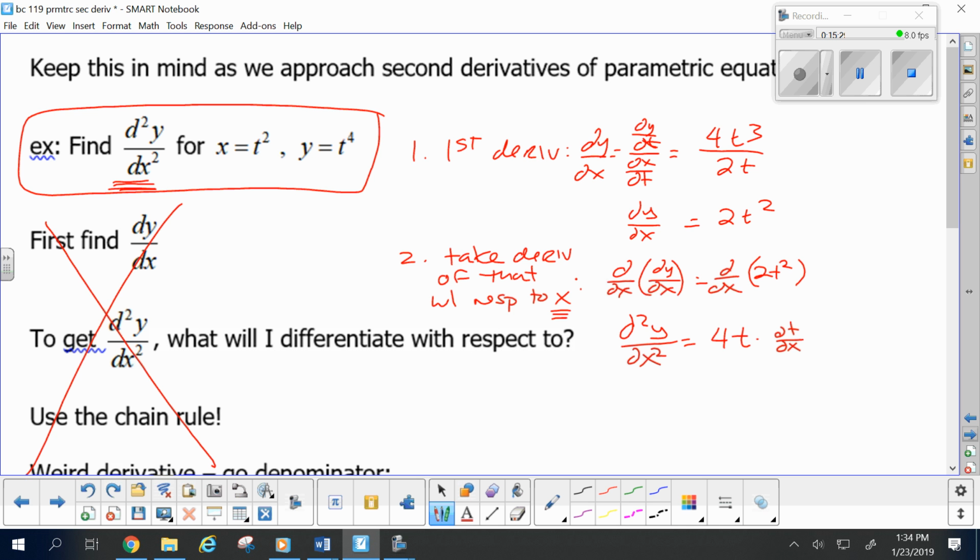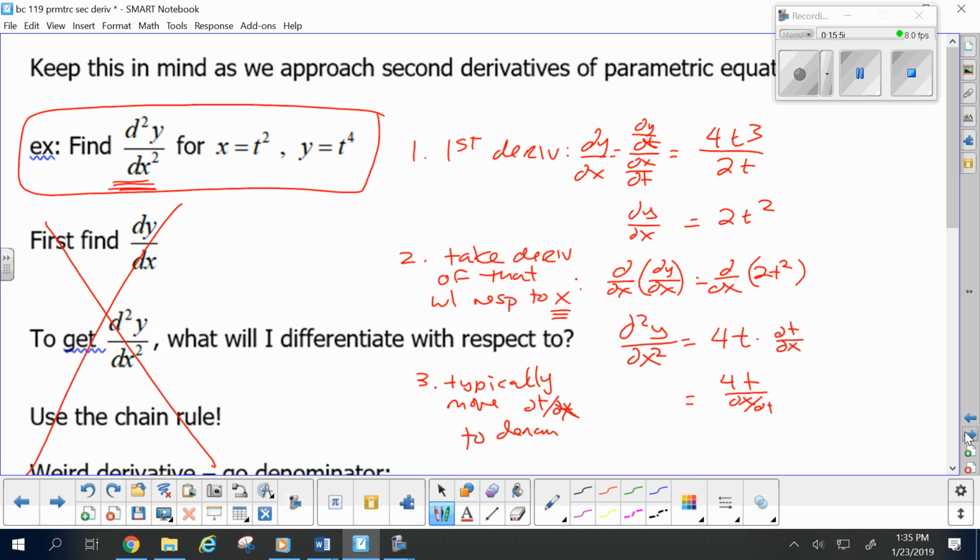It's much more typical to move the dt/dx to the denominator. That is to say, this is the same as 4t over dx/dt.